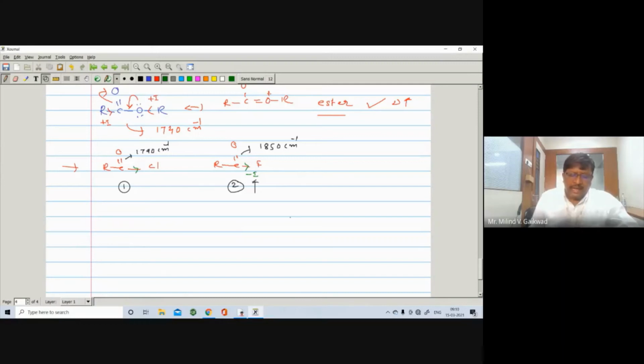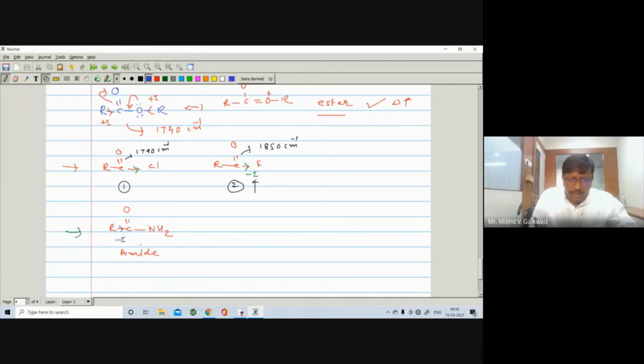Okay. At the same time, if you take another example of a carbonyl compound, that is the amide. Amides have the functional group RC double bond O NH2. It is your amide, right? In amide, there is a presence of plus I effect.